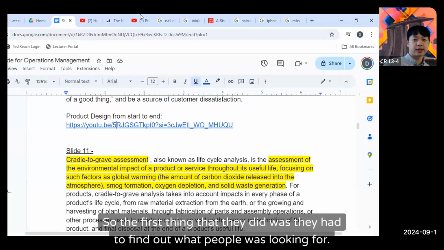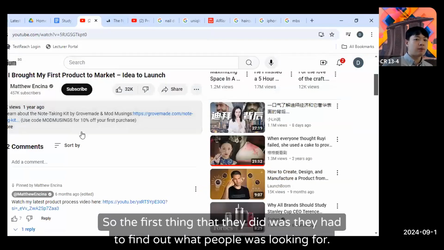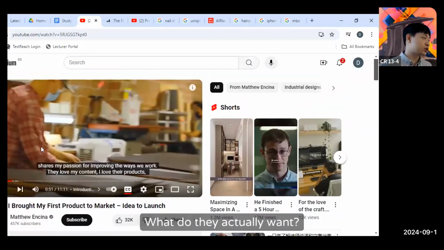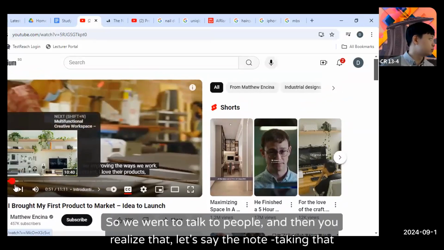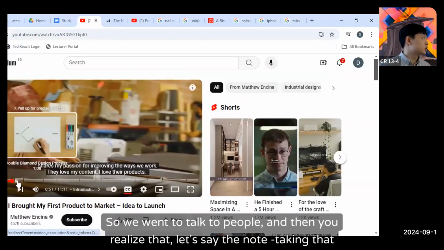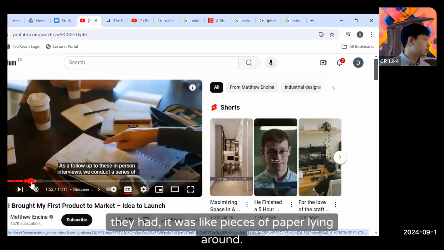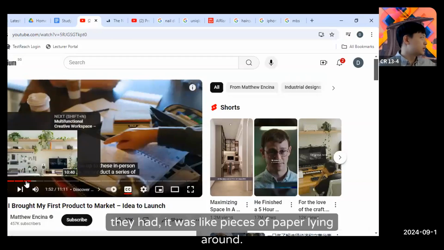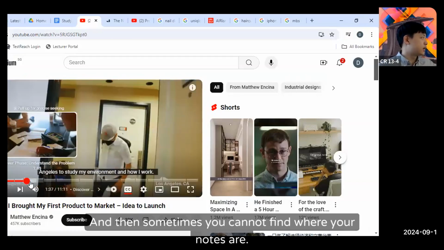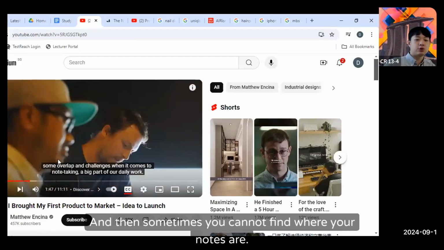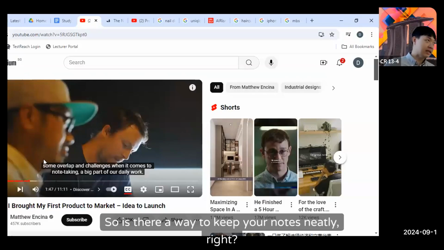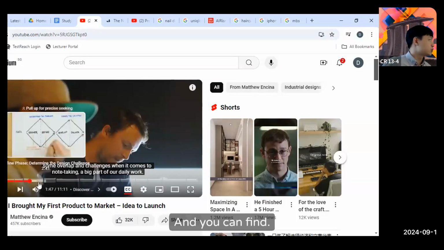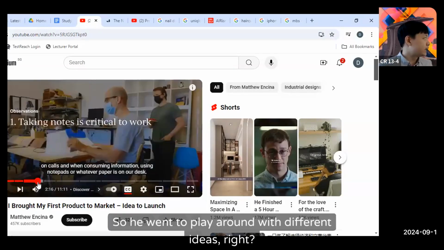So the first thing that they did was they had to find out what people were looking for, right? What do they actually want? So we went to talk to people, and then you realize that, let's say the note taking that they had was like pieces of paper lying around, and sometimes you cannot find where your notes are. So is there a way to keep your notes neatly, and you can find them? So he went to play around with different ideas.